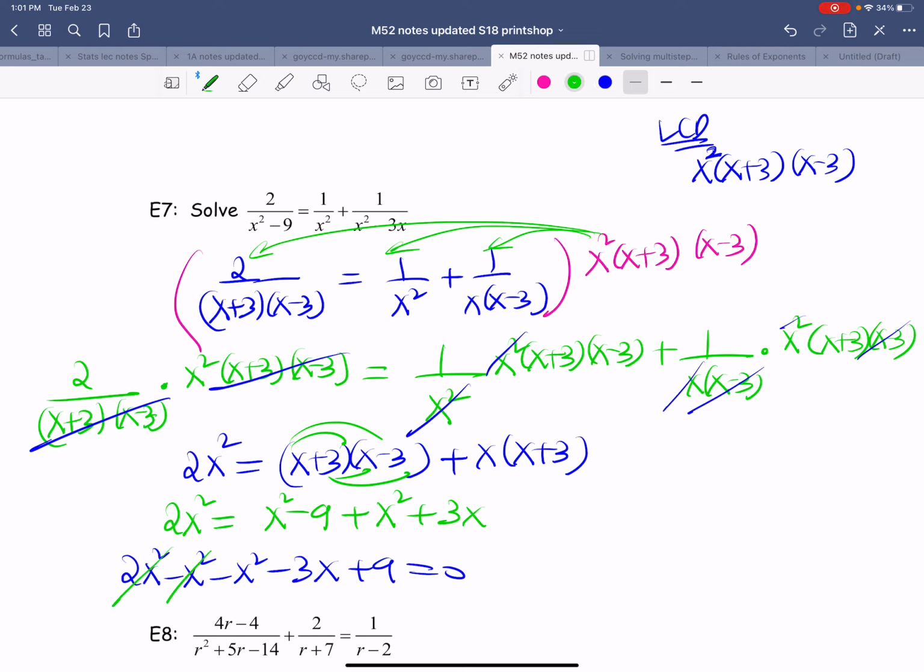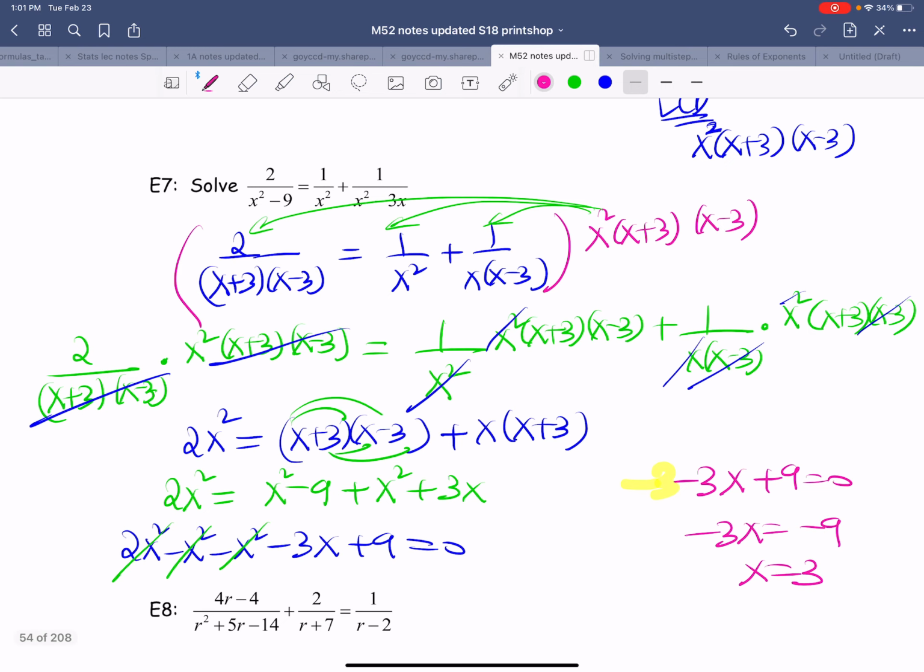Now it looks like I would not have any x squared terms in here. It turns out to be a linear equation, which is negative 3x plus 9 equal to 0. Negative 3x is negative 9. X turns out to be 3.